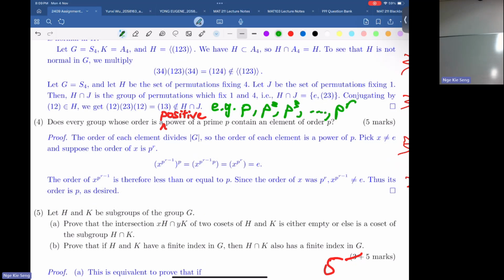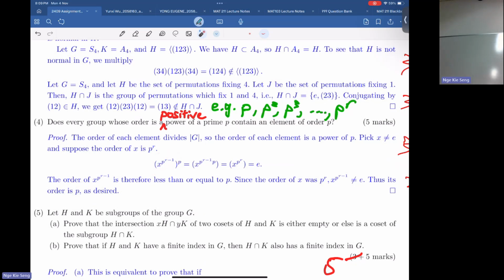The claim here is you go find an element with power p to the something. Okay, p to some positive power here. And then you just reduce by 1. This will be the element that has order p. Okay. So you need to argue why this element has order p.